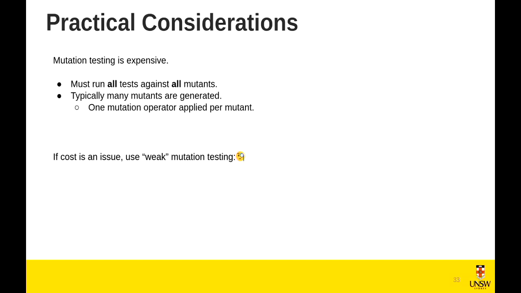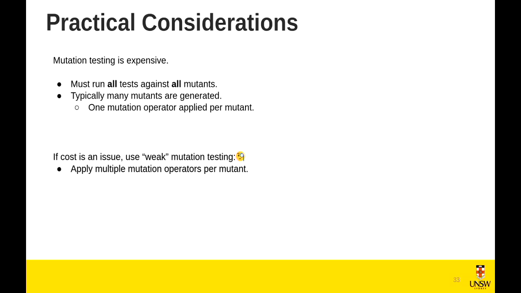If cost is an issue, it depends case by case. If your program is small, then the cost is not a big issue, and if you don't have many test cases, it's also not a big issue. If cost is indeed an issue, we can use weak mutation testing. Weak mutation testing means that we apply multiple mutation operators per mutant, so we make multiple changes in one mutant.